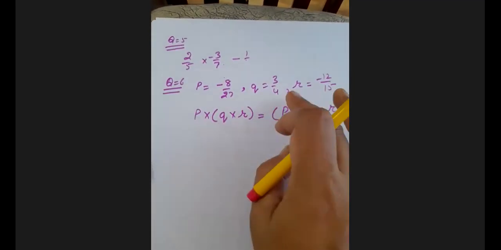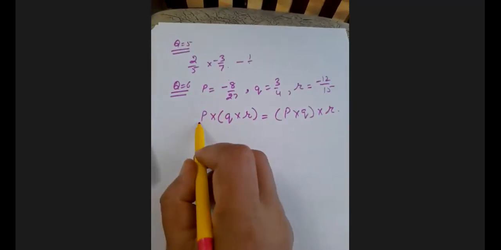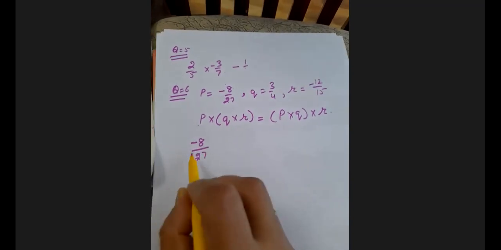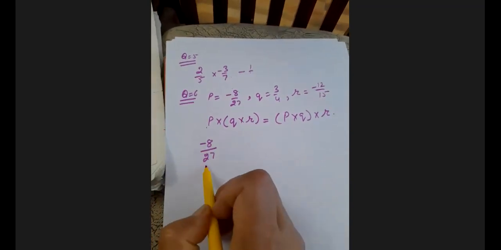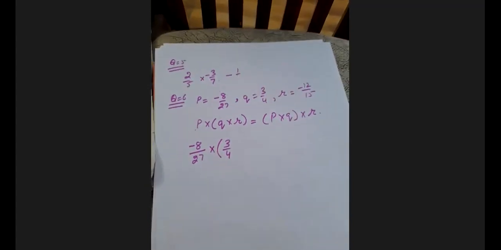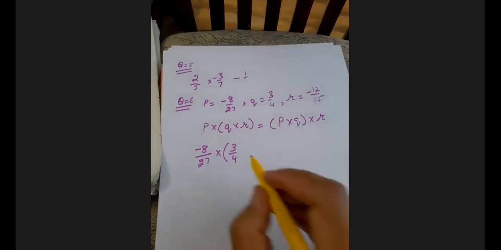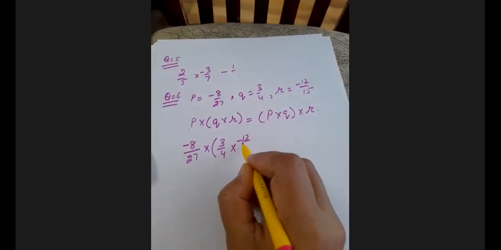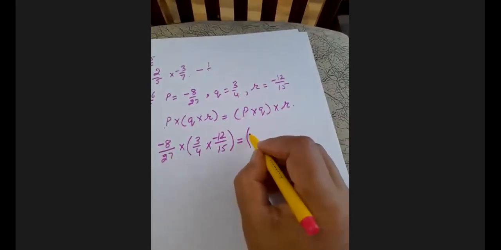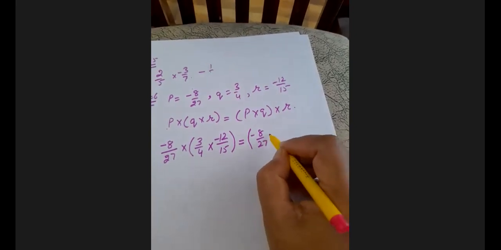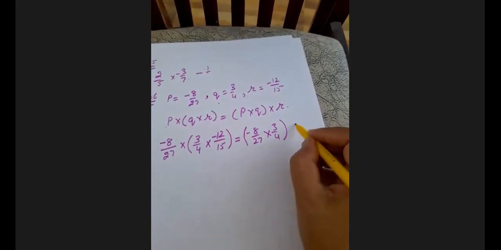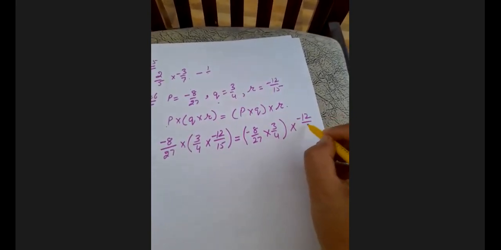Value of P is minus 8 upon 27, multiply value of Q, 3 upon 4, and value of R is minus 12 upon 50, is equal to P, minus 8 upon 27, value of Q is 3 upon 4, and value of R is minus 12 upon 50.